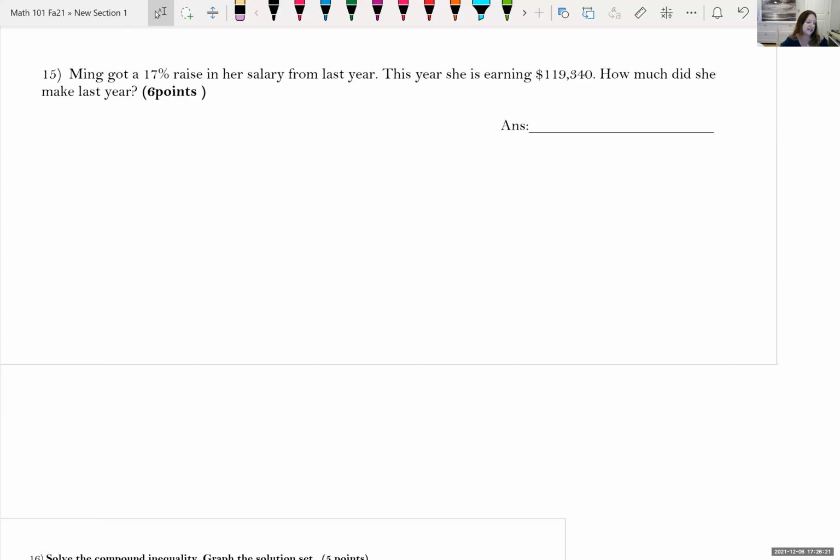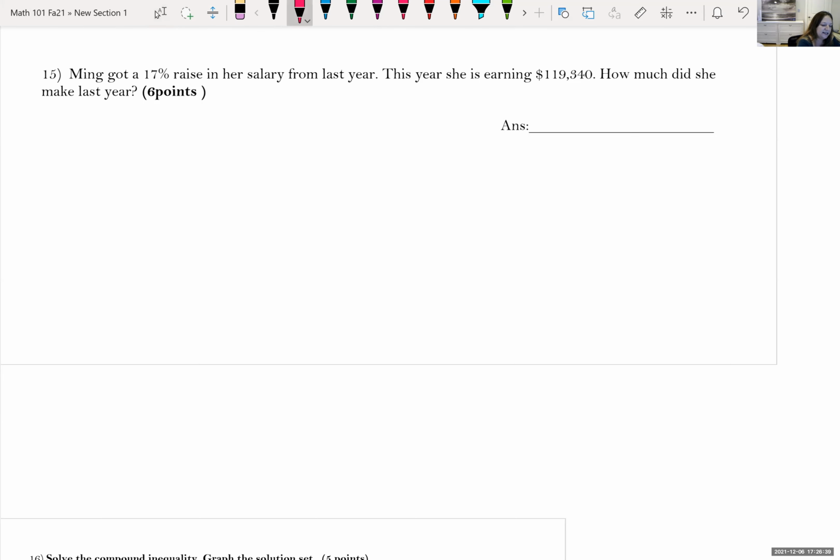So Ming got a 17% raise in her salary from last year. This year, she's earning $119,340. How much did she make last year?